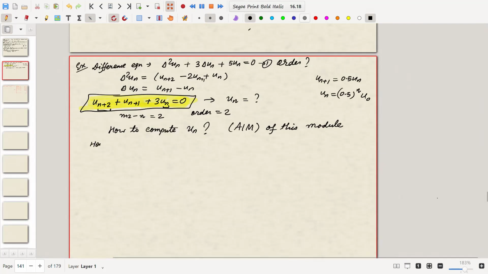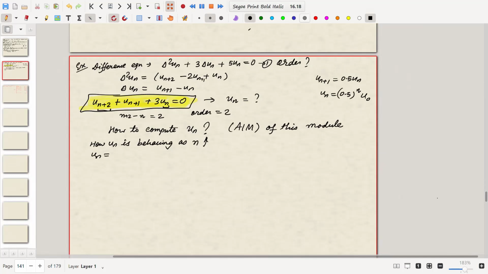How is un behaving as n increases? Tell me, how is the behavior of un according to this recurrence relation?